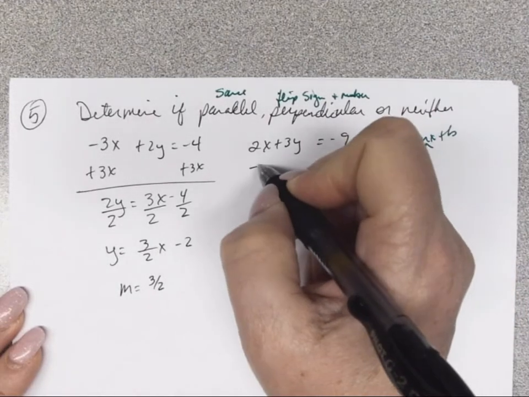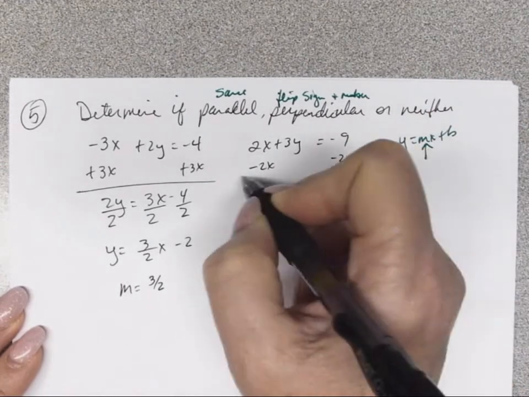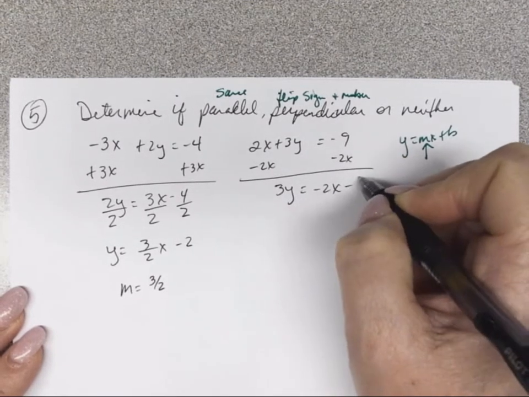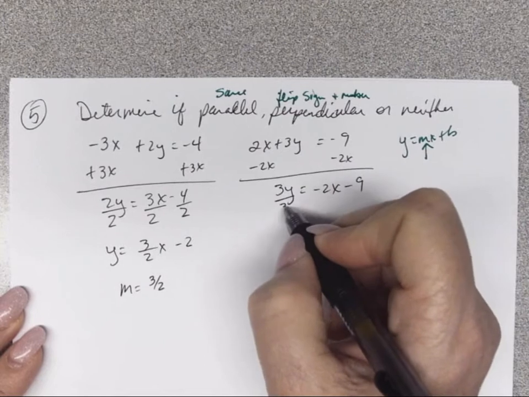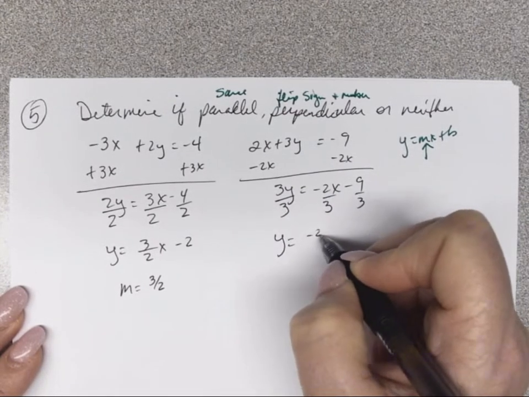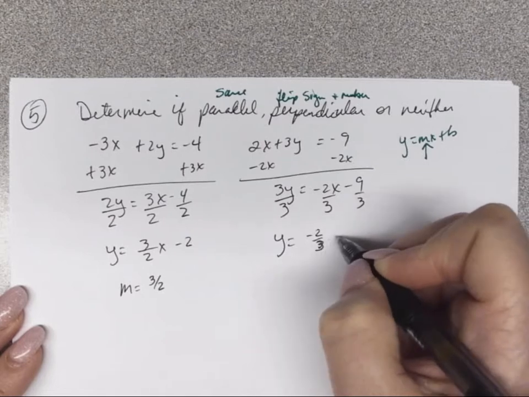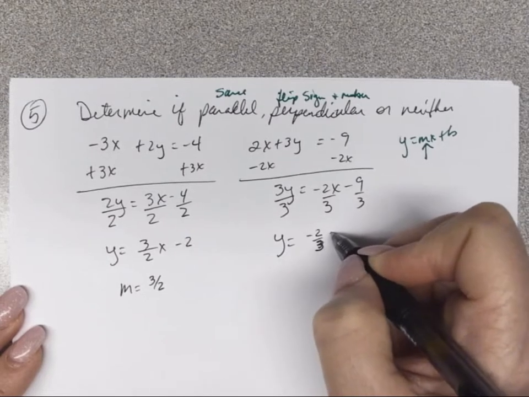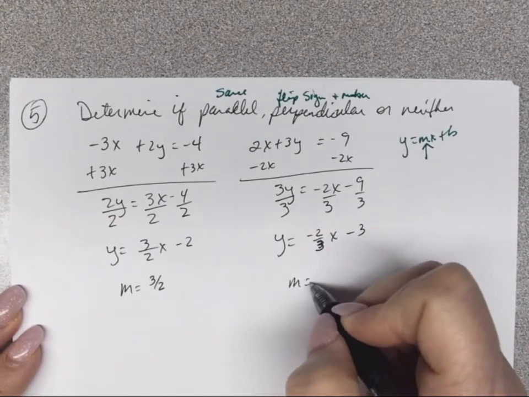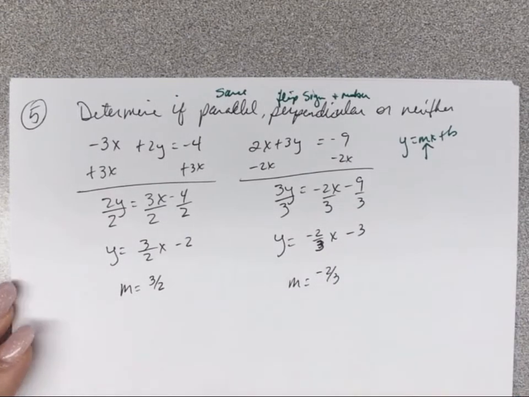On this one, I'll move the 2x over, and I get 3y is equal to negative 2x minus 9. Divide each term by 3, so I solve for my y, and y equals negative 2/3 x minus 3. So here, my m is equal to negative 2/3.